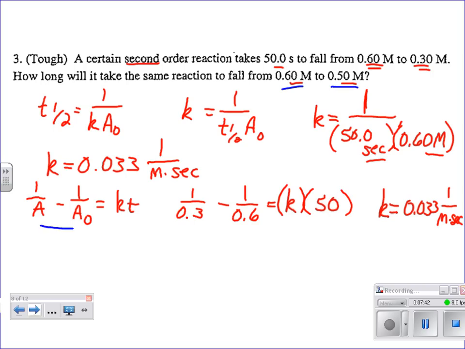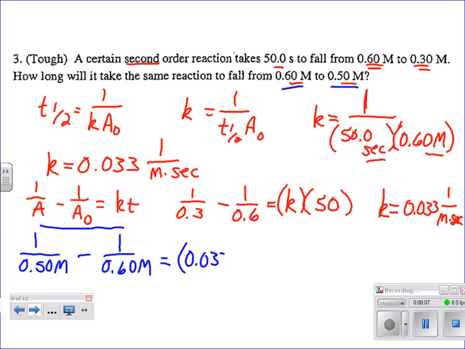So again, using this equation, we are going to say for our second situation that the amount after a given amount of time is 0.5 molar, that's our concentration, minus our original concentration, which is 1 over 0.6 molar, and that's going to be equal to our rate constant times time.